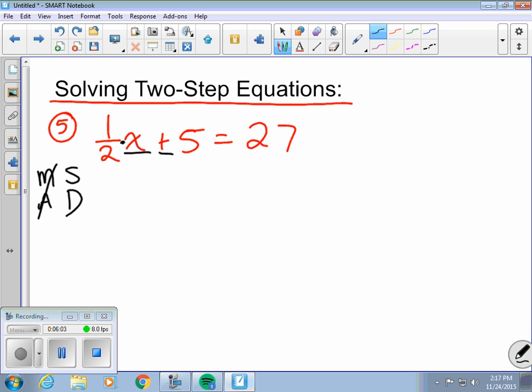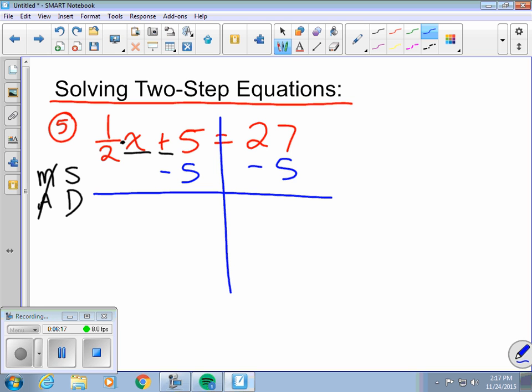But since I have that 1/2, it's a special type of change. The 5 was being added to whatever my answer was, so I'm going to subtract 5, and whatever I do to one side, I do to the other. This is exactly how your work should be shown. I take 5 away, and over here it gives me 22.